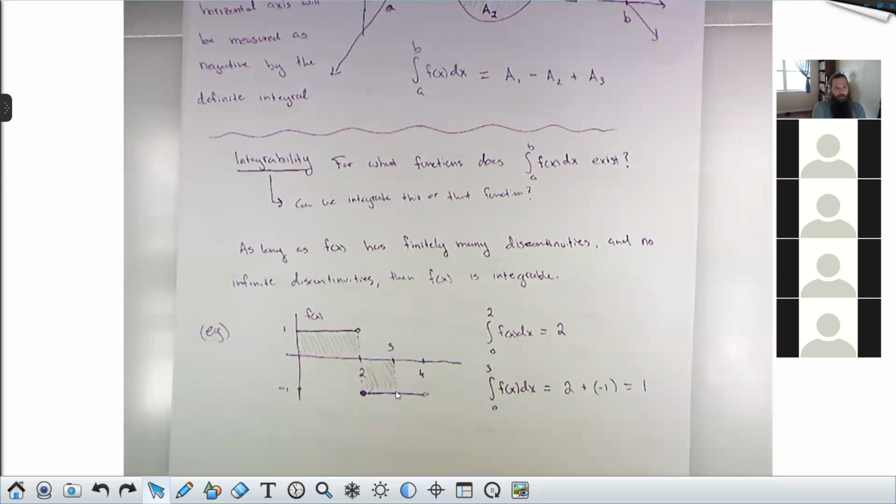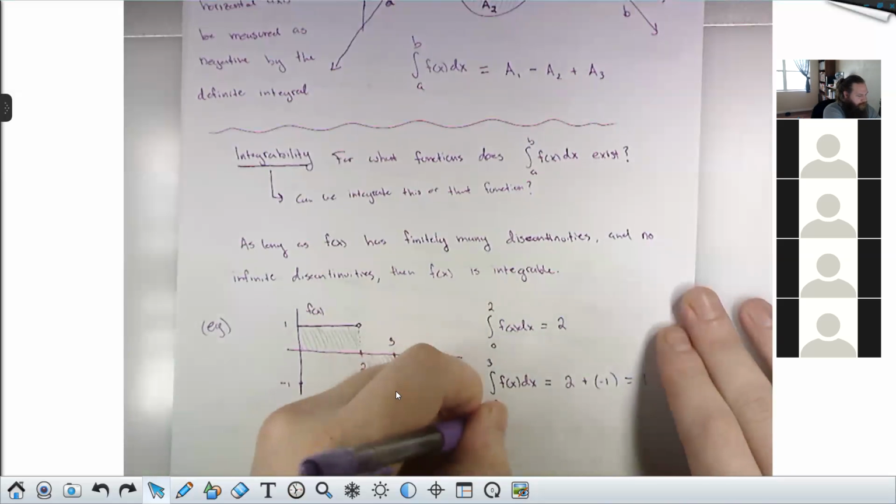Is this settling in? Are we getting comfy with this? Let's look at what the integral from 2 to 4 would be.